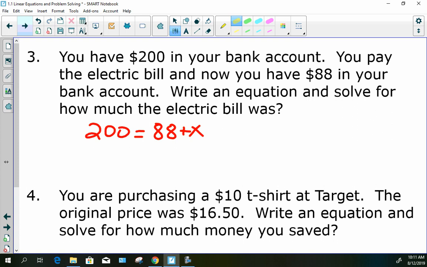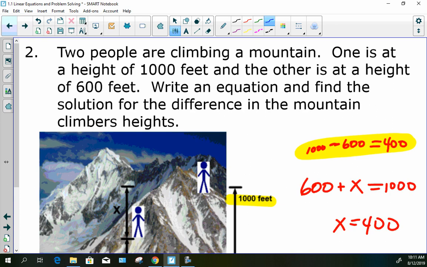How much? Yeah, please feel free to use your calculators. 112 equals x, and then I have to put my dollar sign with the 112. And technically, I should have put my feet sign with the 400 because there's 400 feet in between them.